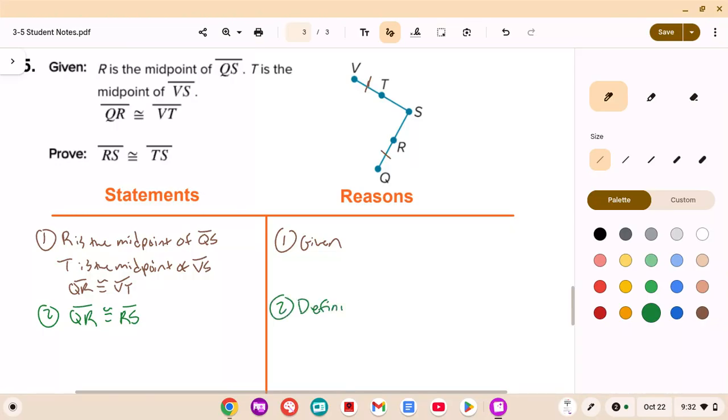And this is what it means to be a midpoint. So definition of midpoint. And actually, you could say the same thing. I'm just going to sneak this on the same step. You can do this because of the same reason. And I'm going to say VT is congruent to TS. Because it's also going to be a midpoint there.